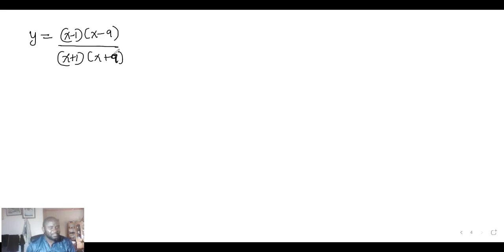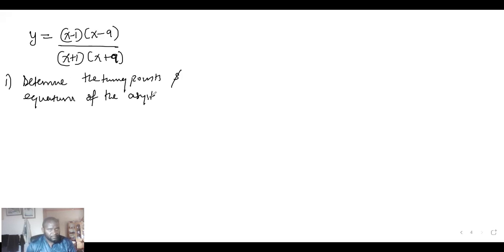Show that y cannot take values between 1 and 1 over 9. Determine the turning point of the curve. And determine the equation of the asymptotes of the curve. The next one, sketch the curve.